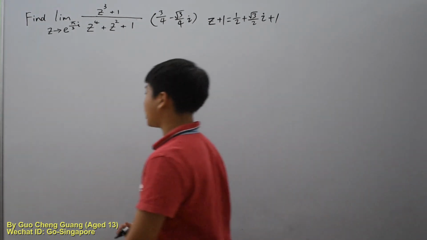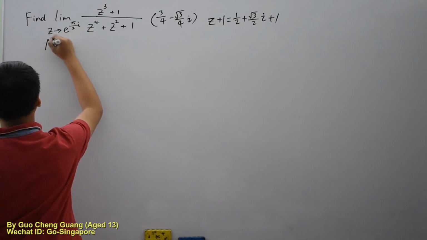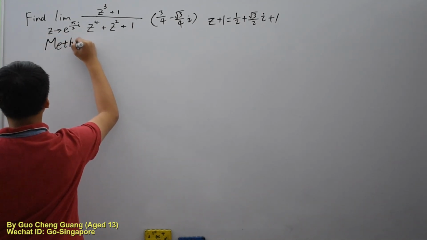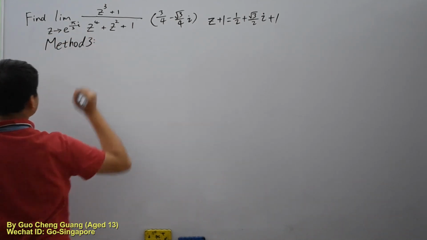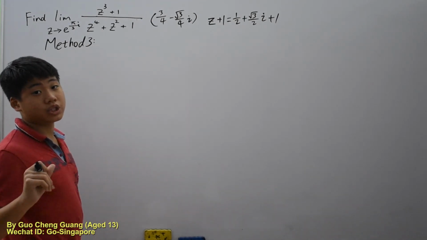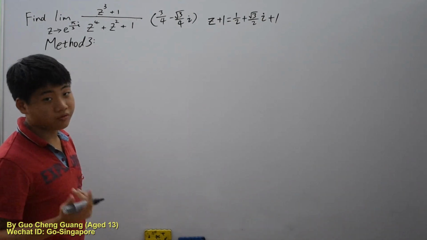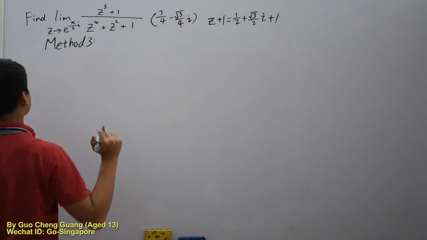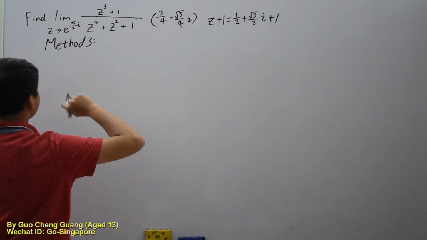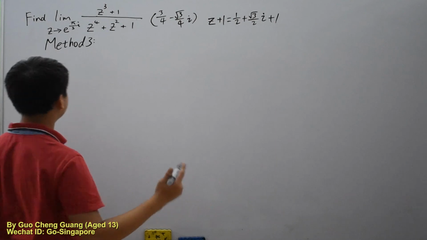Alright, let's take a look at method 3. So method 3 over here, we are now touching more on complex variables, alright? So as we're touching more on complex variables, we have to take a look at some of these examples first.